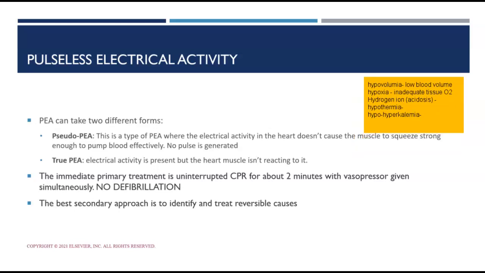Okay, so now let's talk about some of our T's. Those are our 5 H's. Our 5 T's are going to be your thrombosis, pulmonary thrombosis, which is a fancy way of saying a PE, pulmonary embolism.